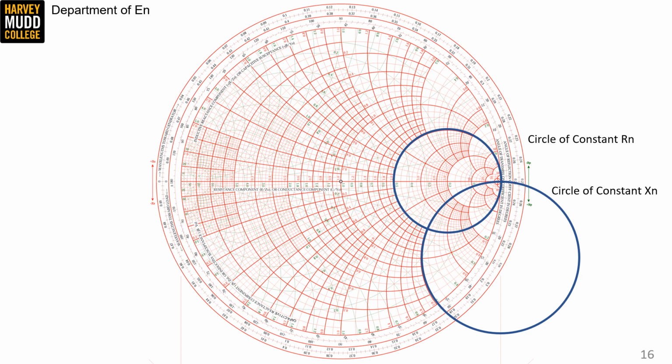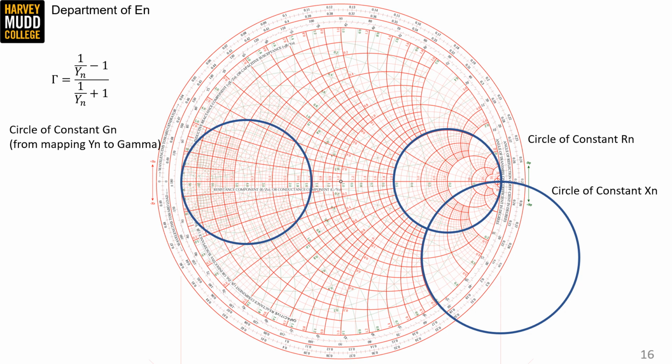There's also shadowy lines on the Smith chart that look like a reversed version of the Smith chart. Those come from the same derivation if we opted to write gamma in terms of admittance instead of impedance. The equation at the root of that parallel derivation looks like this, and it gives rise to circles of constant conductance that look like this, and circles of constant susceptance that look like this.